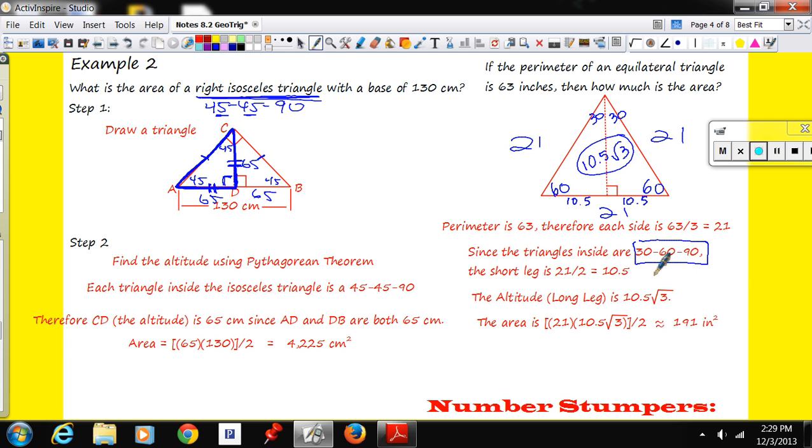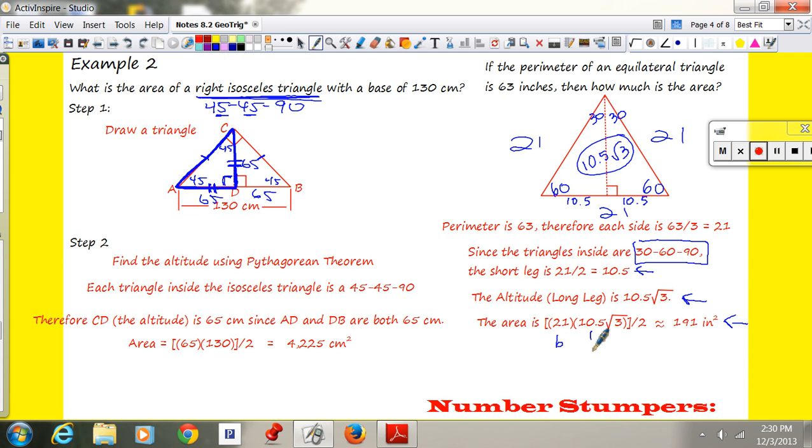So since they're 30, 60, 90s, the short leg is 10.5. The longer leg then becomes 10.5 radical 3. Therefore, my area: the 21 is my base, here's my B. Here's my H. Base times height, and then I divide it by 2, and I get approximately 191 square inches.